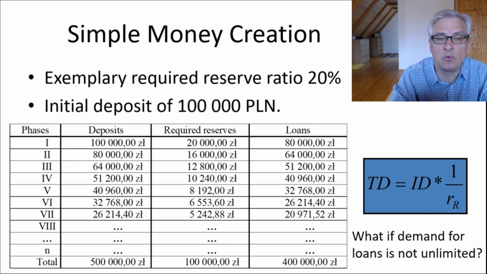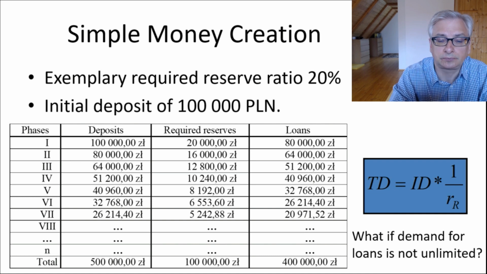What if our assumption number 2 is not true? So what if demand for loans is limited? Then the whole money creation mechanism would stop. It can stop, for instance, after 3 phases, and then we would have just 3 deposits: 100,000, 80,000, and 64,000.